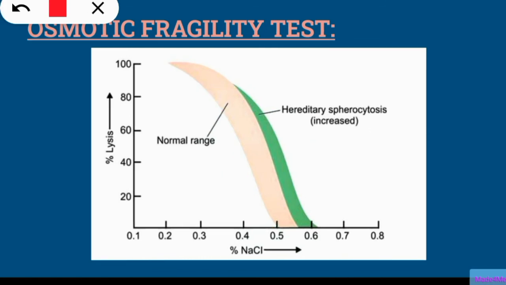Also remember, as we make the saline solution more dilute, the sooner there is hemolysis, the more fragile it is. So hereditary spherocytes are more fragile.